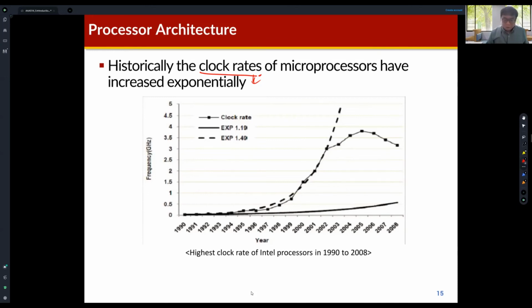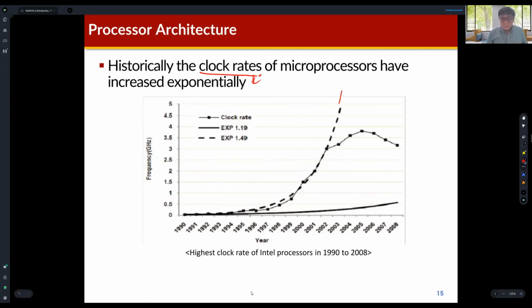But this graph shows the highest clock rate of Intel processors from 1990 to 2008. This is the trend of the highest clock rate.